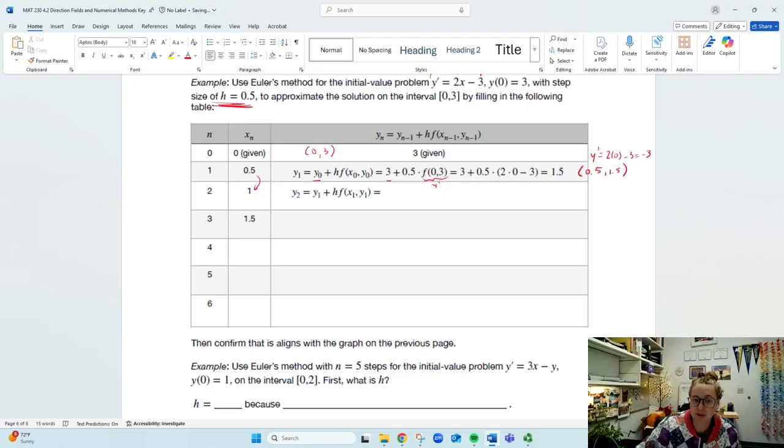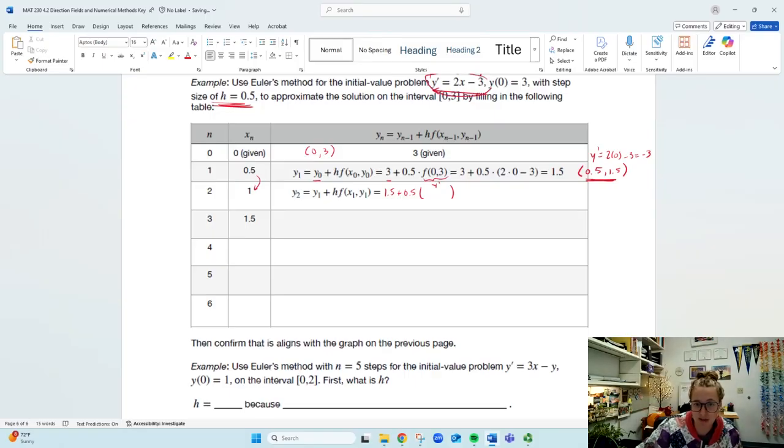I'm going to find this by taking my value from up above, which in this case was 1.5. That's what I found. Plus, I'm going another h, so another 0.5 of whatever I get when I plug this point into my y prime up here.